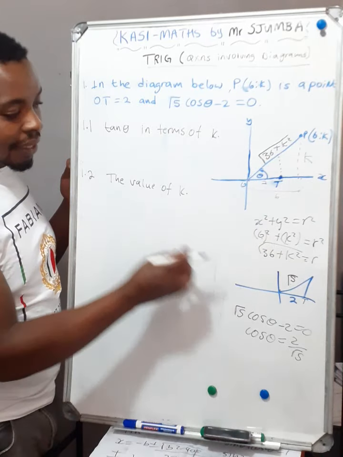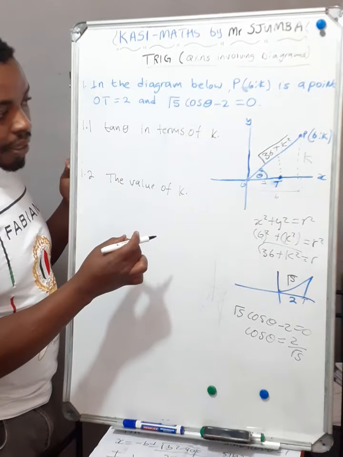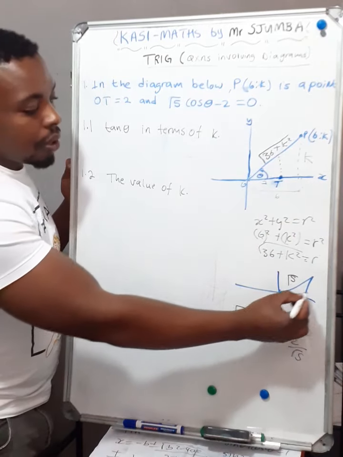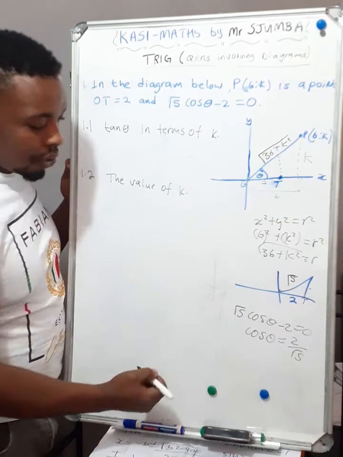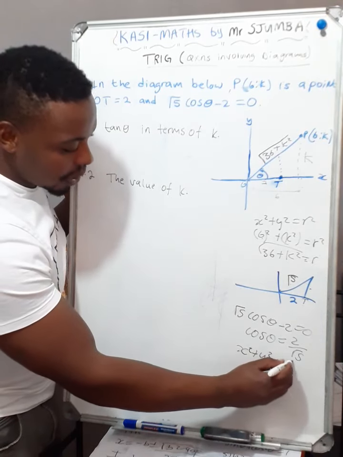This small triangle goes in here. So Pythagoras theorem to find this one. What is Pythagoras? X squared plus y squared equals r squared.